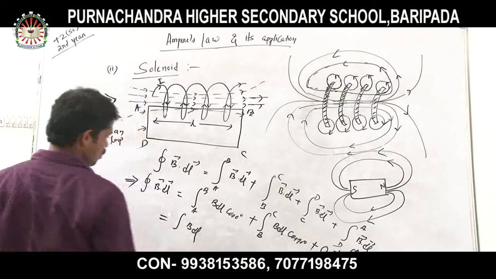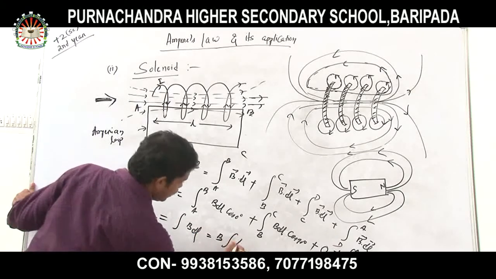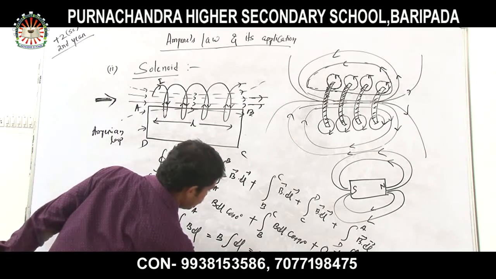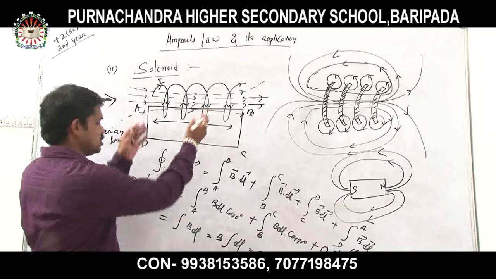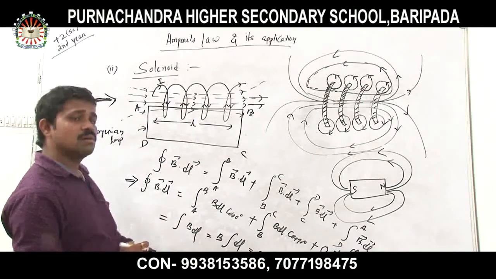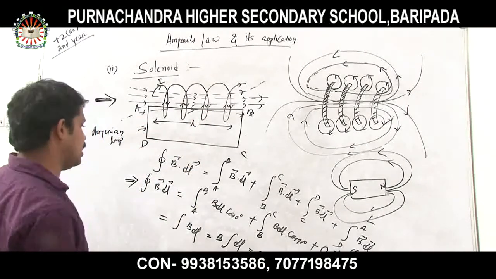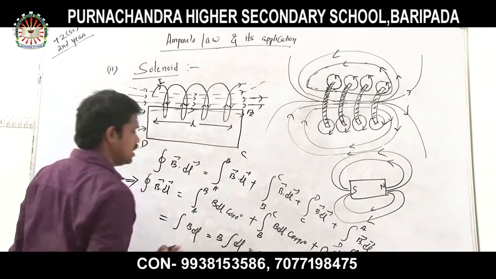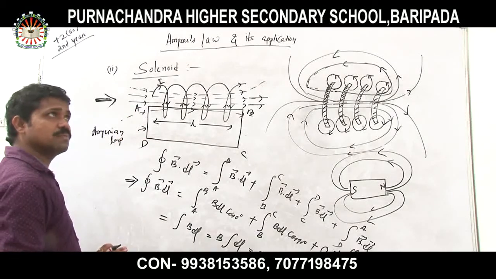Clear? So now that is equal to B, which I have taken outside, times integration over dl. Integration of dl is nothing but your L, because the length of the solenoid is L. Understood? So B dot dl is equal to this much.